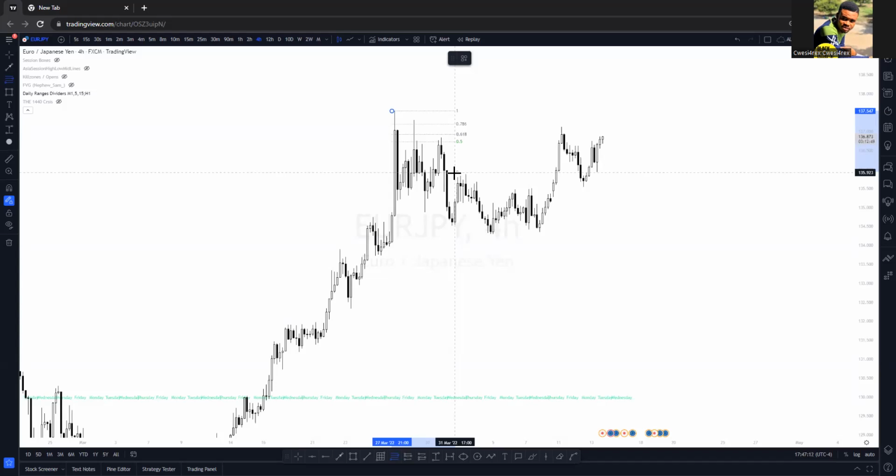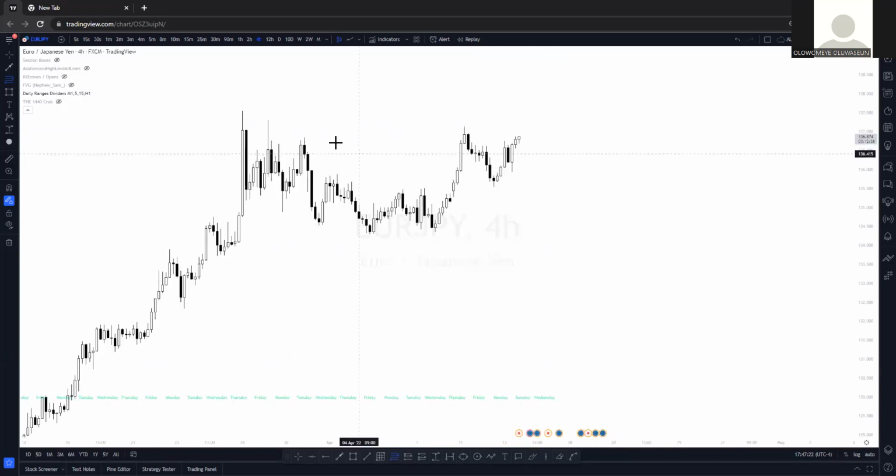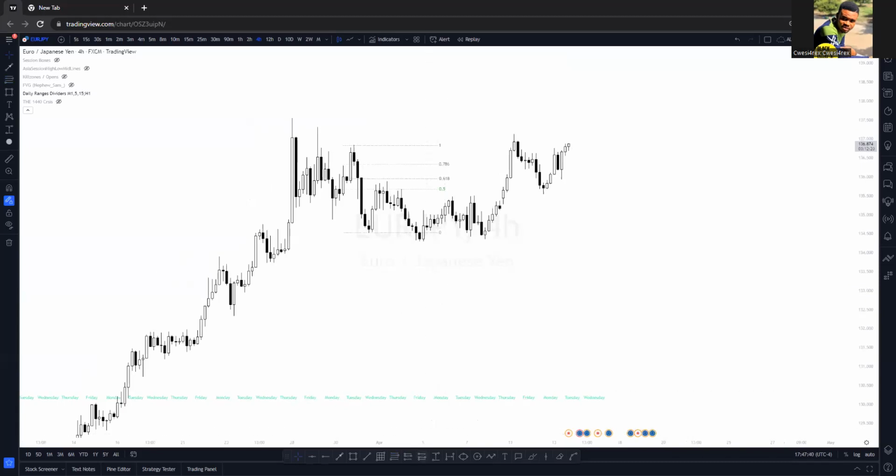One becomes your extreme and the other one becomes your decisional. Yes. Okay. So, lastly, that means the extreme part, for the premium, it would have passed the 78.6. Exactly. So at that point, we can still look for entry.